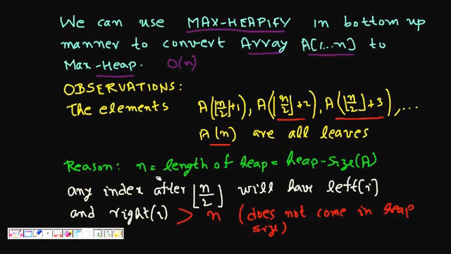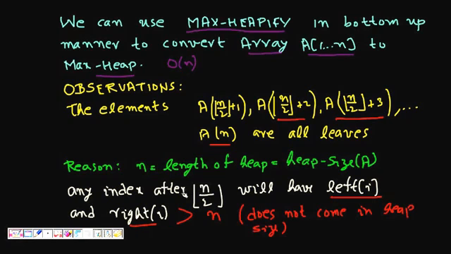And the reason behind this is that we know that in a heap, any node with index greater than n by 2 floor will have left child and right child indices that are greater than n. So they will not come in the heap.